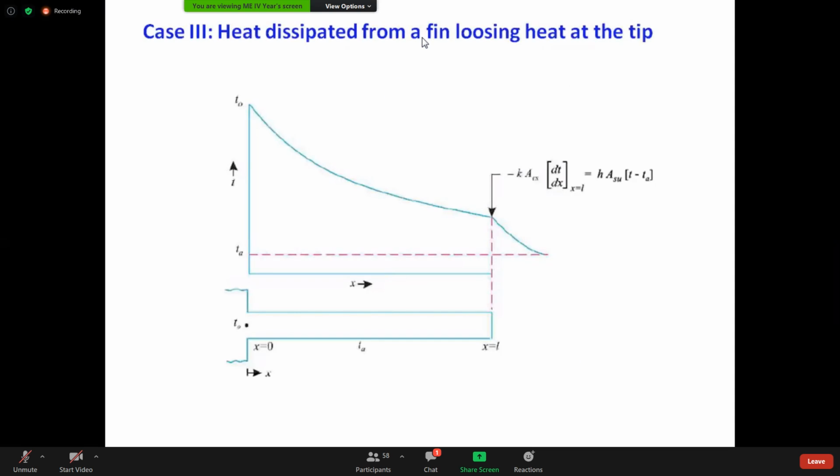Right? So the heat is dissipating from the tip. In the previous case, it was insulated like this here. But the same case, the insulation is removed, and the heat is being dissipated. Can anybody tell me? Unmute yourself and tell me. From this tip to this ambient, what is the mode of heat transfer?